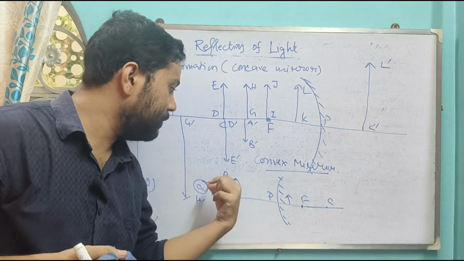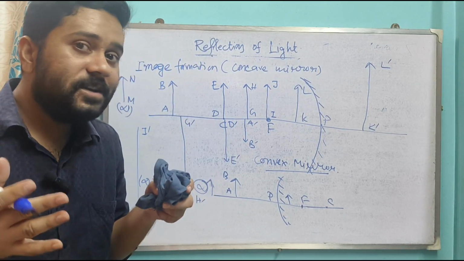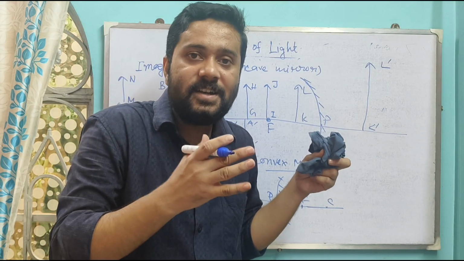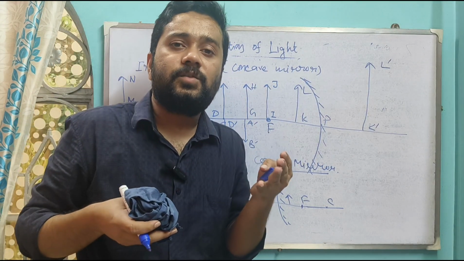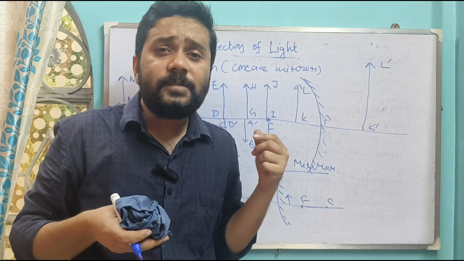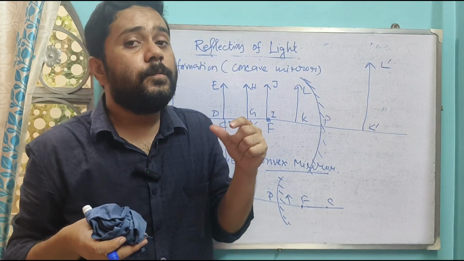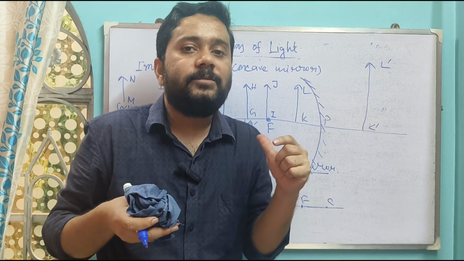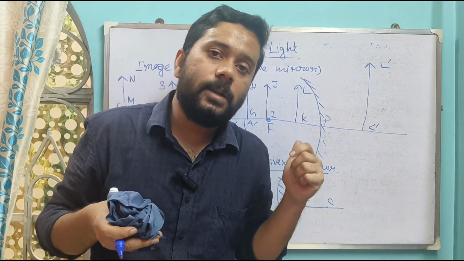But for a convex mirror, we always get a virtual image, and you already know it. Real is always inverted, and virtual is always erect. So in a convex mirror, we always get a virtual and erect image. In a concave mirror, only when the object is placed between pole and focus do we get the virtual and erect image.